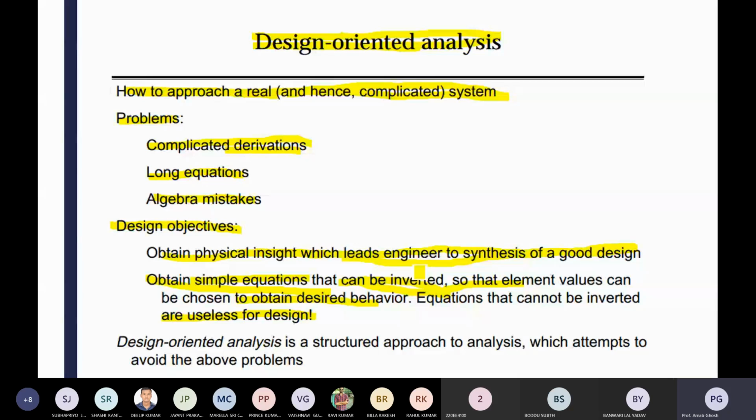You get one proper transfer function, but if you look at the transfer function of the PID, is it a proper transfer function? No, it is not. In a PID controller, 2 zeros are there, meaning 2 roots in your numerator, and 1 pole in your denominator.